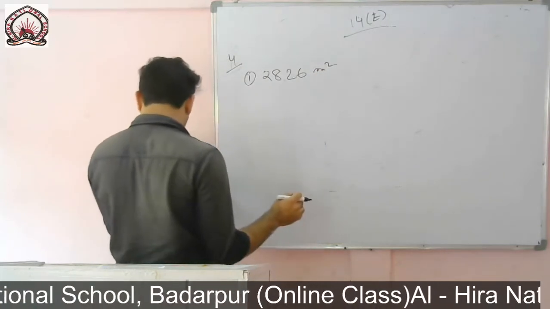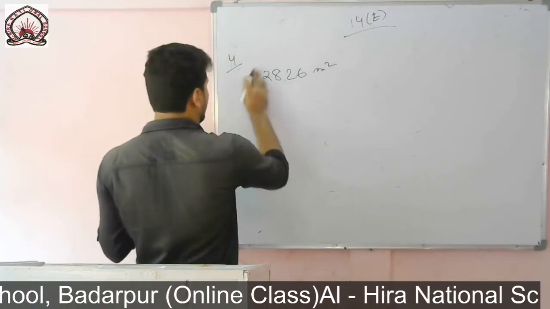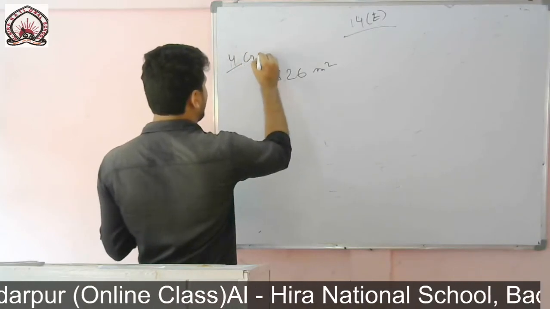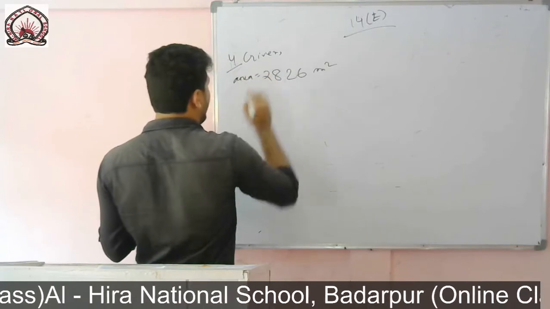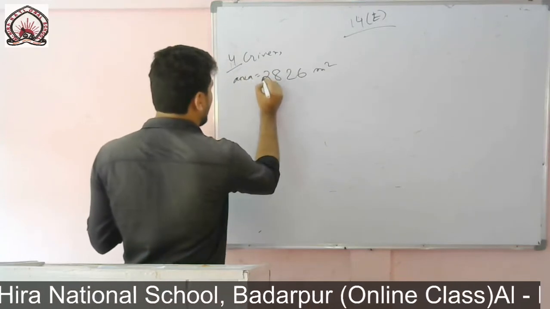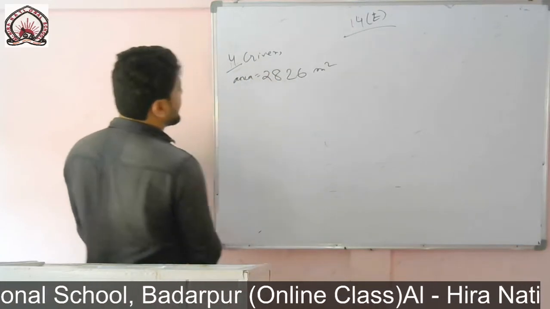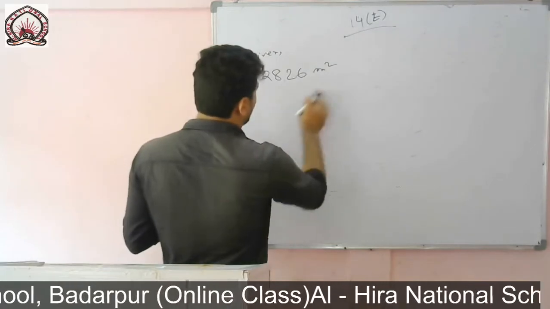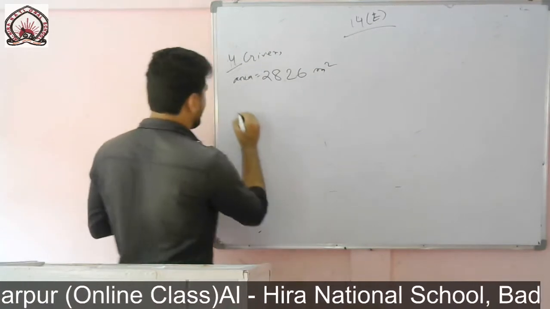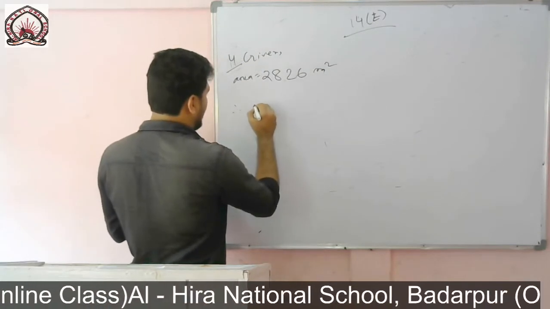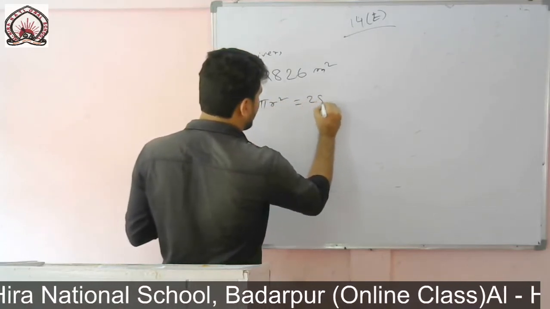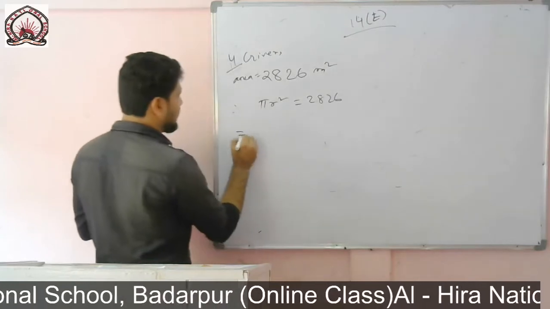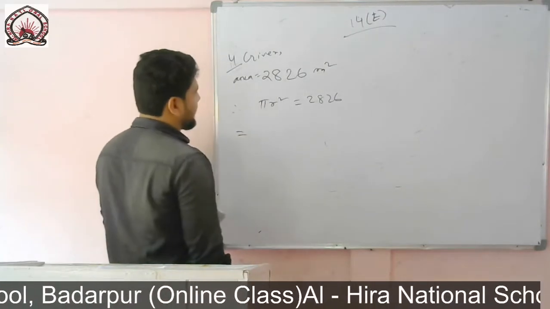So write given area 2826 meter square. Therefore pi r square equals 2826.